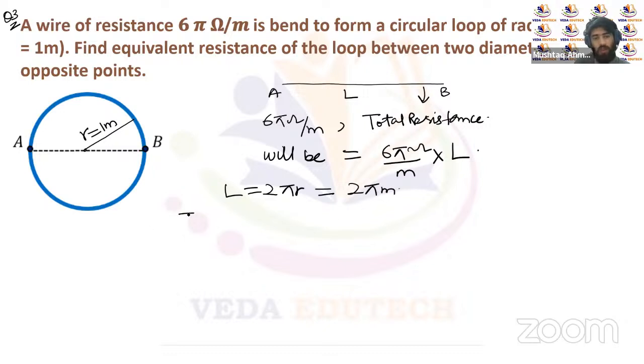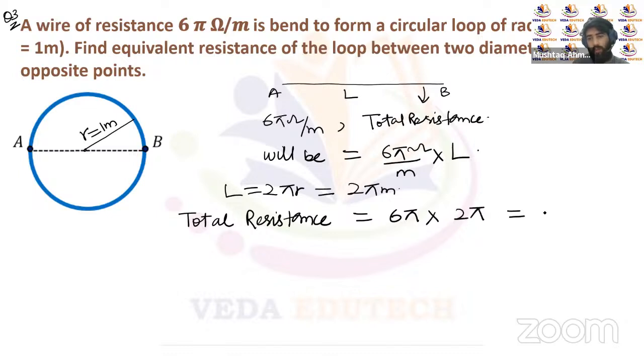So the total resistance will be equal to 6 pi multiplied by 2 pi, that will be equal to 12 pi square ohms, the total resistance for this circular loop of circumference 2 pi.